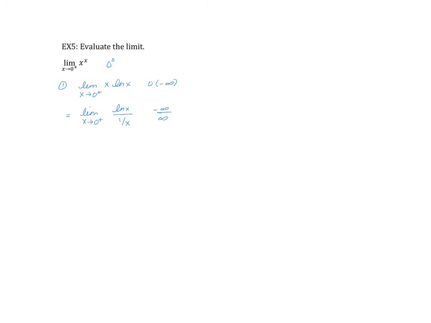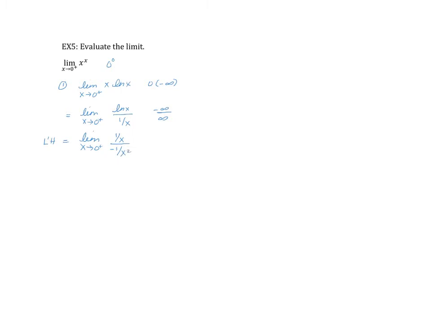Let's go ahead and use L'Hopital's to evaluate this limit as x goes to 0 from the right. So when I compute the derivative, it's 1 over x divided by negative 1 over x squared.